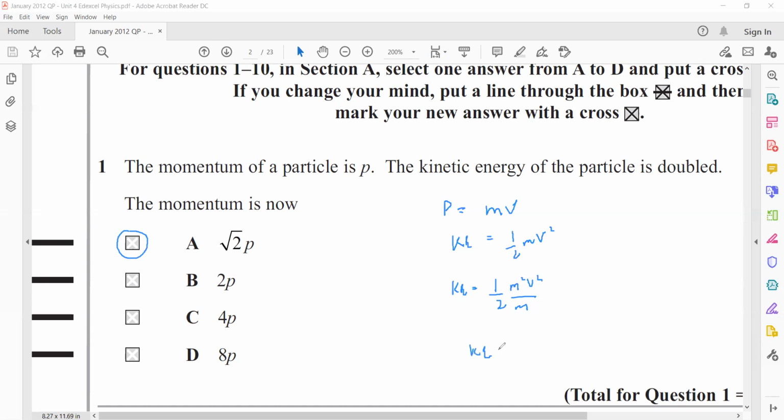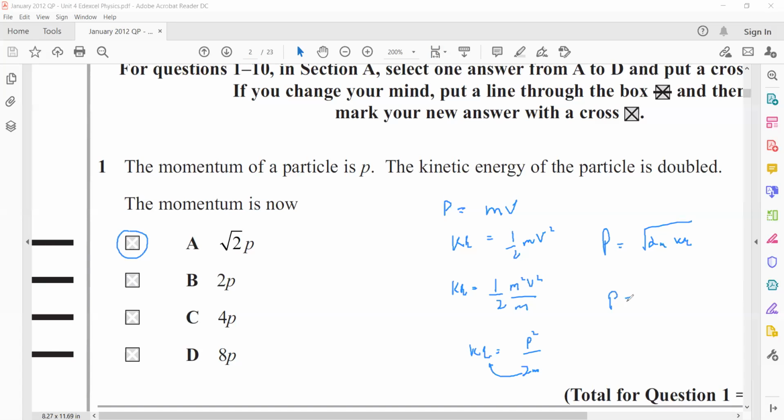So I can say kinetic energy is 1 by 2m into p square. Or we can say p is equal to square root of 2m into KE.